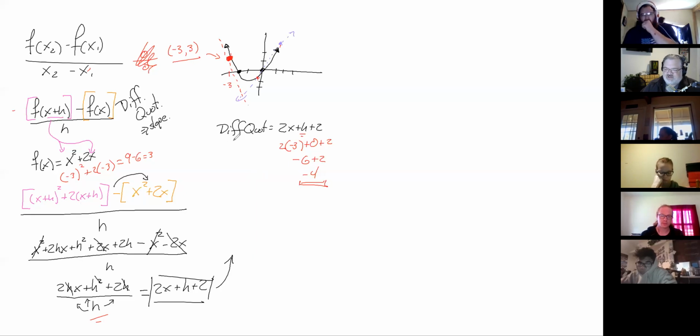But the reason that this difference quotient is an important tool is because it really does form the basis for differential calculus, because it's able to do something that algebra can't do, and that's this divide by zero finding points here.